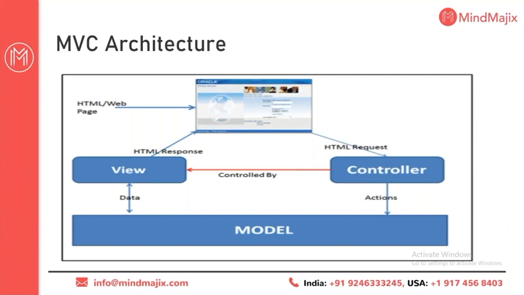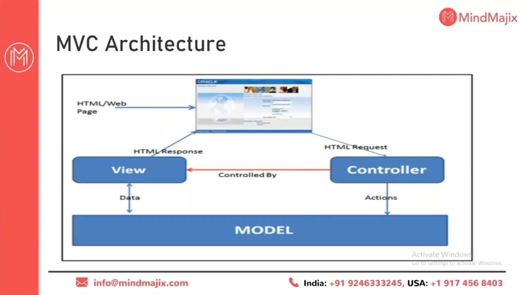So here, when you click on the login button, the HTML request will be received by the controller. Then the controller will call the model, where we write the business logic. Here, what is the business logic in this scenario? Validating the username and password. Upon successful validation, control will return back to the controller.